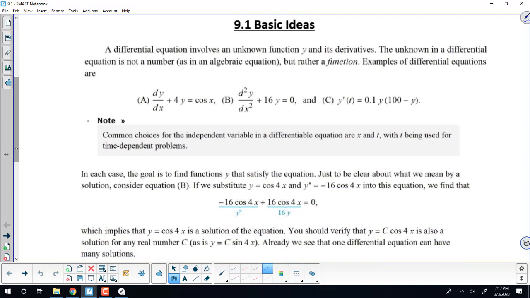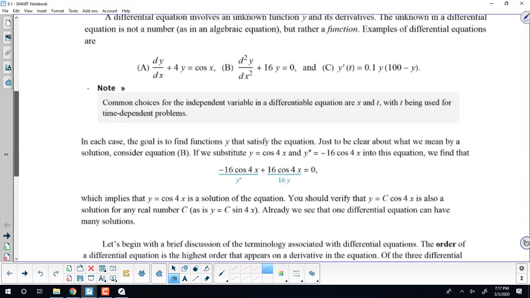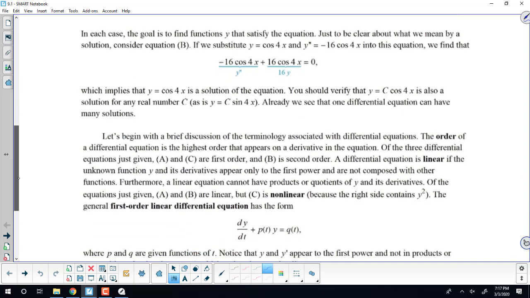It's only online. Okay, so the basic ideas here in 9.1, they introduce what a differential equation is, and so they've given 3 examples, A, B, and C. They're different types of differential equations, and they're classifying them through this paragraph here.